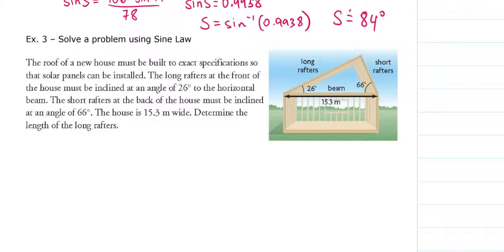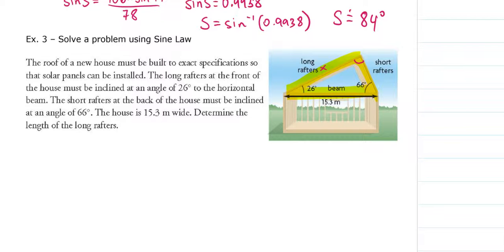So even if you didn't quite understand what rafters are, what are beams, at least the diagram is given to you. So here's your triangle. You can see the triangle is this, highlighting it here. And what you're looking for is the length of the long rafters, which we could maybe label x right there. We were given two angles, 26 and 66. And I can find the third angle by using the 180-degree rule.